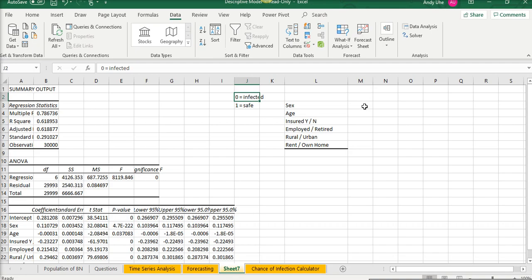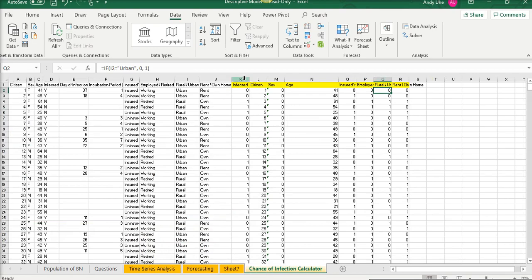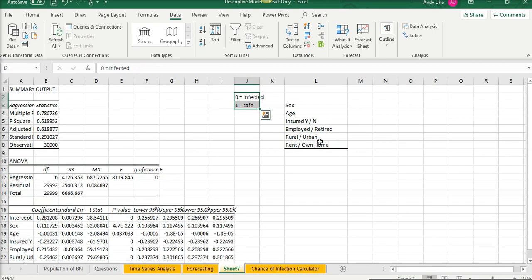But what we're going to do is we're going to have a prediction, and closer to 0 means the more likely that you're infected because of how we coded zeros and ones over here. So if infected is yes, then we're going to call it a 0. That means the closer to 0 we are with this, the higher the likelihood that you'll be infected.